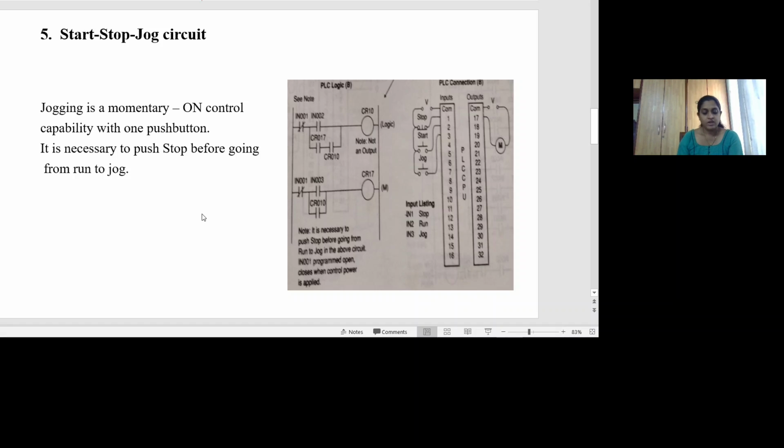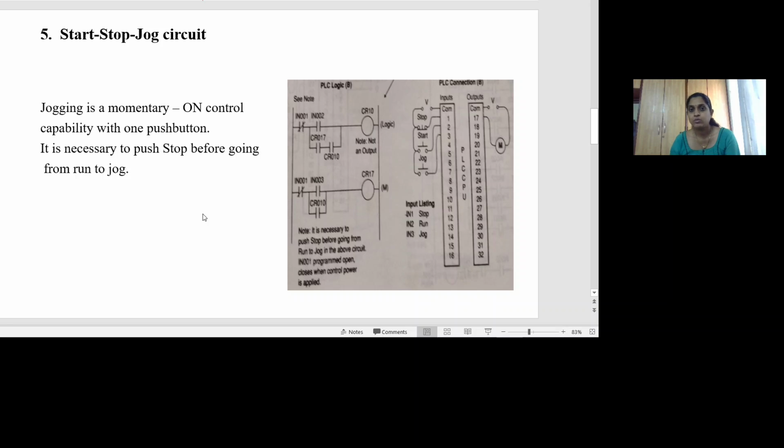A motor is jogged for the following reasons. Some machine parts I need to align, and other machine parts I need to align and space. I also want to place a tool accurately, so I need jogging there.